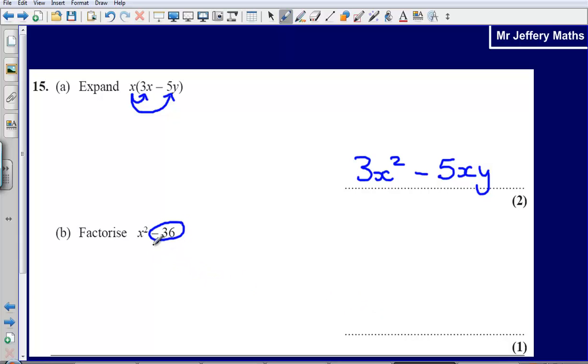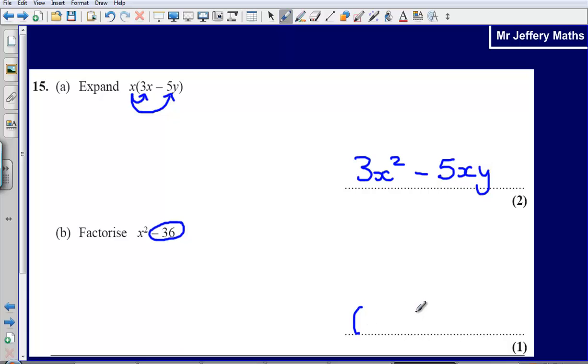This is actually a quadratic expression that's been simplified, and the key indicator to spotting a difference of two squares expression is that the number at the end of the expression will be a negative square number. So 36 is 6 squared, and we've got this negative 36, and we've got x squared here.